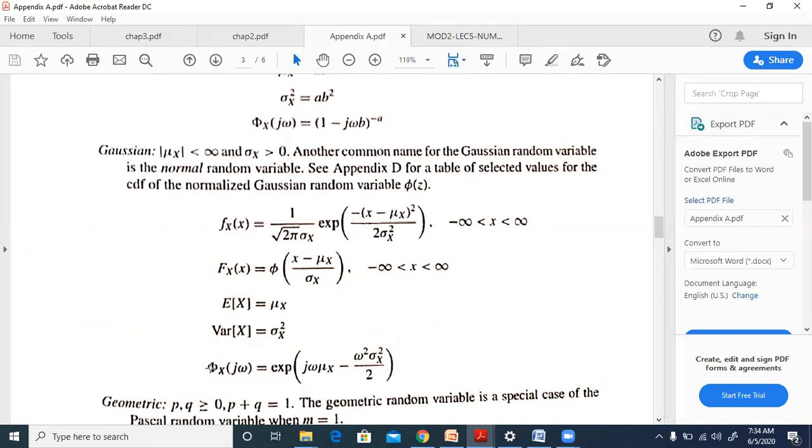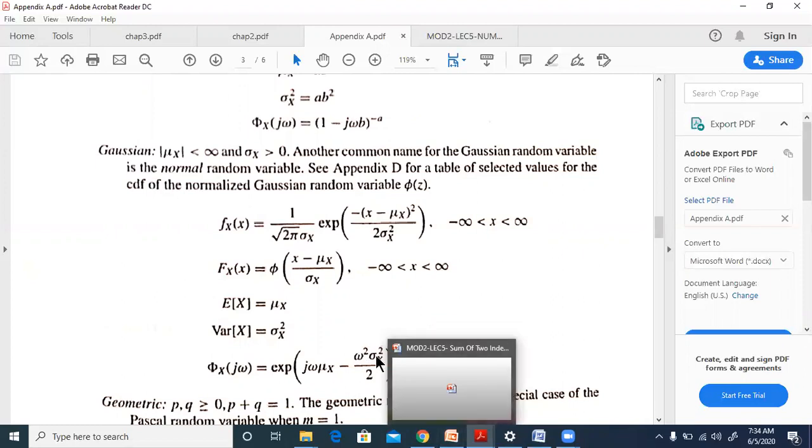Now, if I write phi of w over here, then this will become omega square sigma w squared by 2. And sigma w square will be equal to sigma x square plus sigma y square, because we have x plus y, and x and y are both independent random variables. That is what we have already derived.